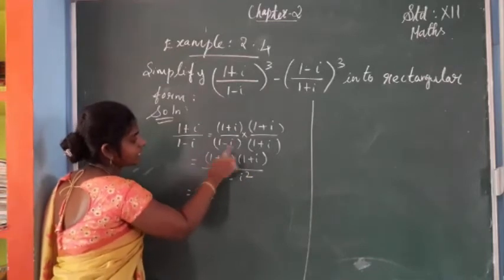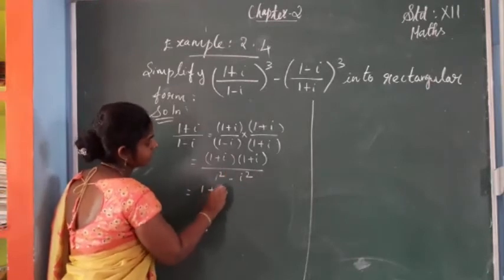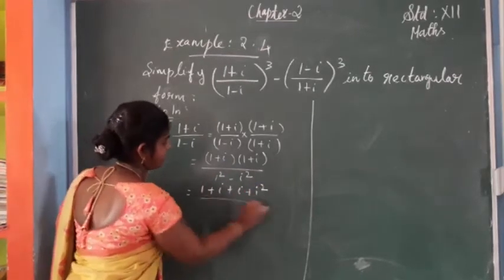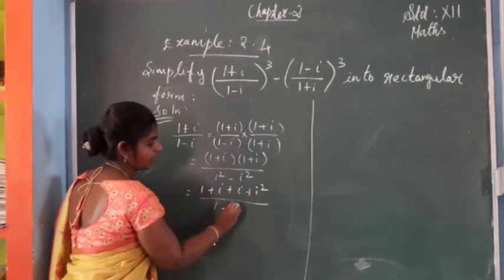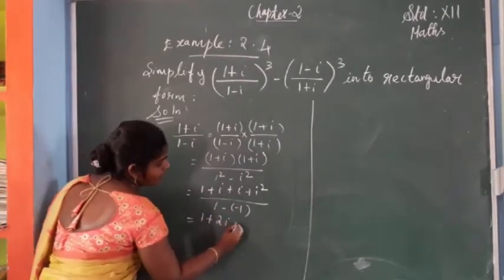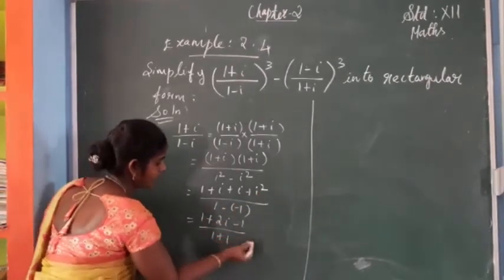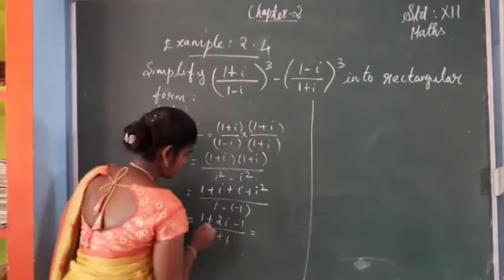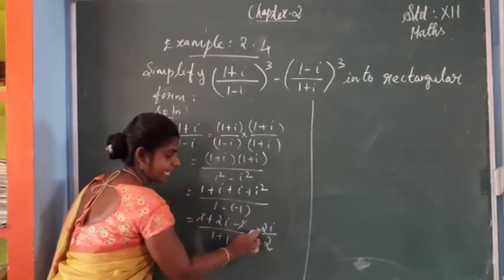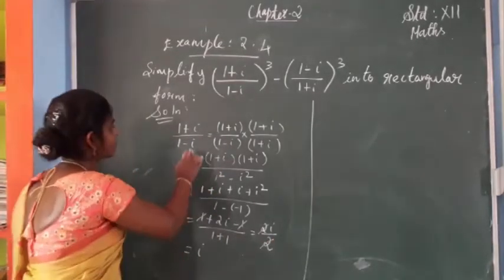Multiply: 1 into 1, plus 1 into i, plus i square, divided by 1 minus i square, the value is minus 1. That's equal to 1 plus 2i minus 1 divided by 1 plus 1, since i square is minus 1. The 1 and minus 1 cancel, so 2i divided by 2, we can cancel 2. So what is the answer? That's equal to i. This is for the first part.